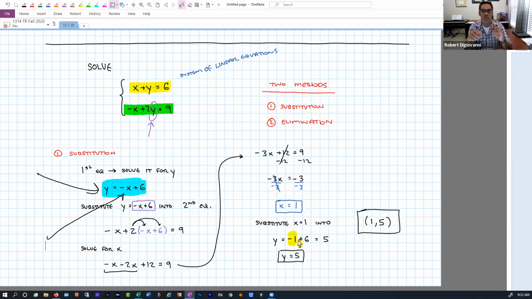So the substitution method, let's just kind of go through it again. You're going to look at the equations. You're going to say, which one would I rather solve for y? You pick that equation, you solve it for y. Then you rewrite the other equation, and you replace the y with what you just got when you solved for y. You take that equation, solve it for x.